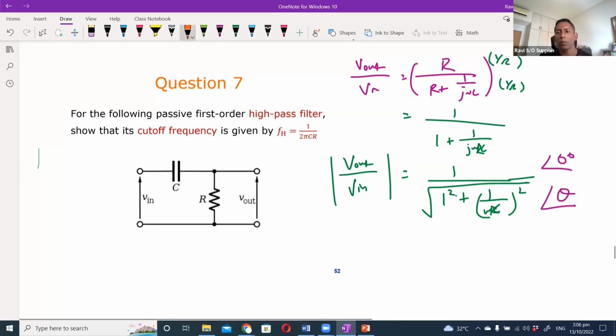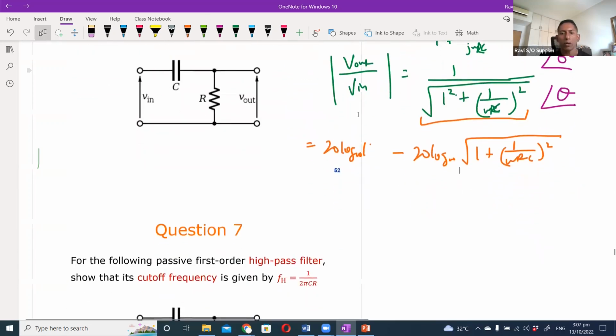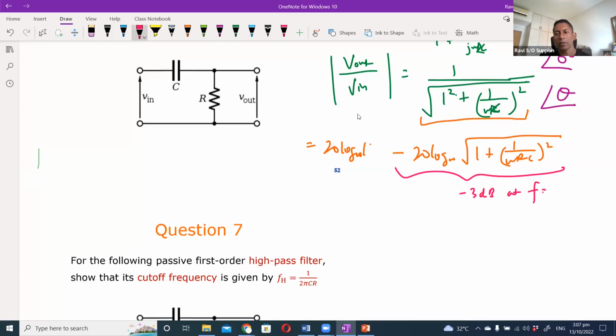So for this amplitude part, when I do the log, what I'll get is 20 log 1 minus 20 log to the base 10 of this whole term here, square root of 1 plus (1 over omega RC) squared. As before, to get the cutoff frequency, we know that this must equal minus 3 dB at f equals fc.